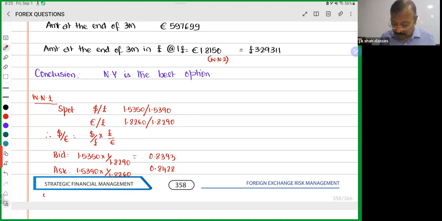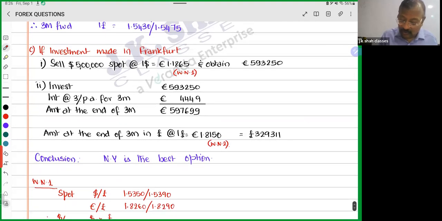That is dollar euro is equals to 0.8393, 0.8428, राइट. यहाँ पे मैंने जब सम सॉल्व किया था मैंने डॉलर यूरो निकाल दिया था. So I mean euro dollar.